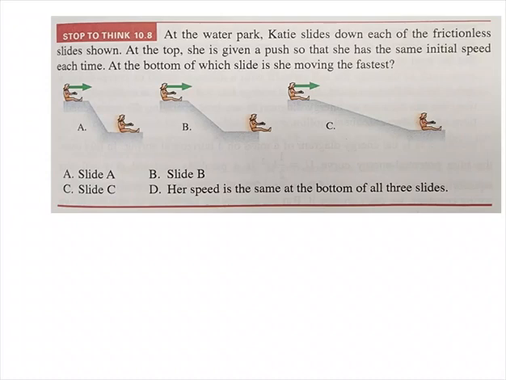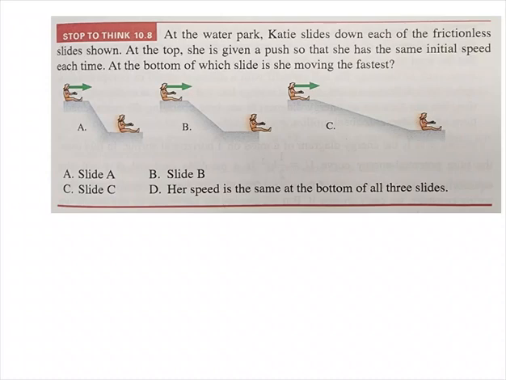D? Why? Because the heights are all the same. She finishes at the same height. She starts with the same speed, finishes at the same level each time, and it doesn't matter how she drops.